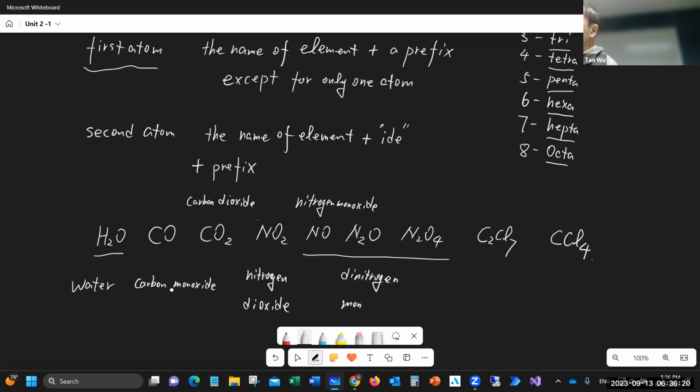Remember, we always write the number for the second one, monoxide. This one is called dinitrogen tetraoxide. And this one is called dicarbon hexachloride.